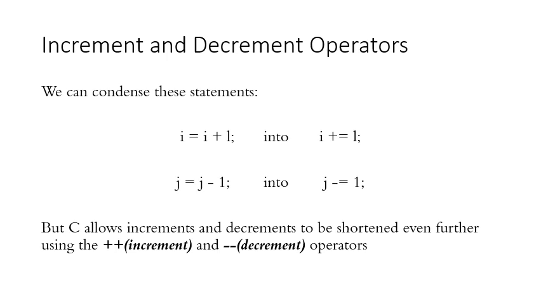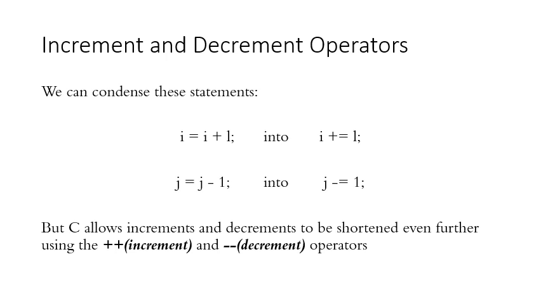For example, we have I equals I plus 1 and j equals j minus 1. Essentially we are just adding 1 to your variable I and storing it to I as its new value, and we are just subtracting 1 from the old value of j.